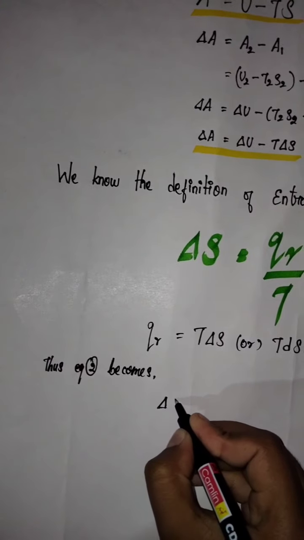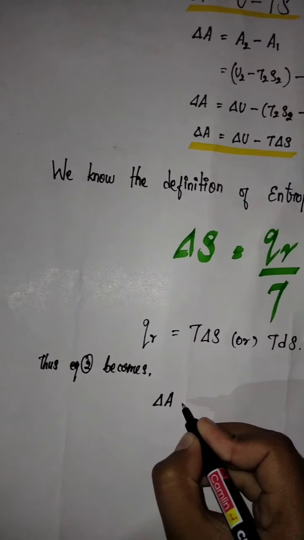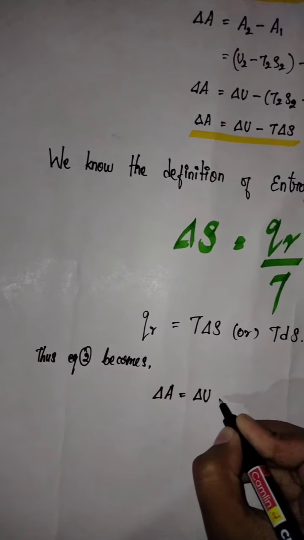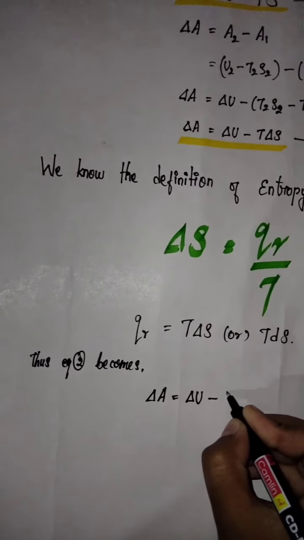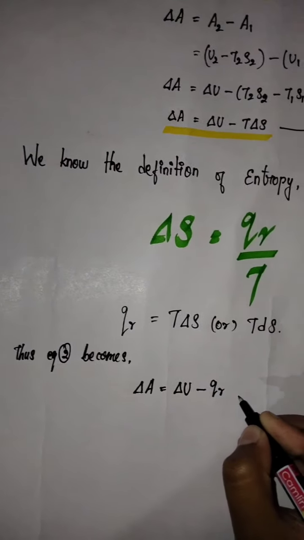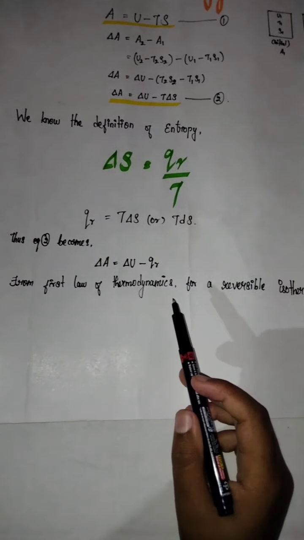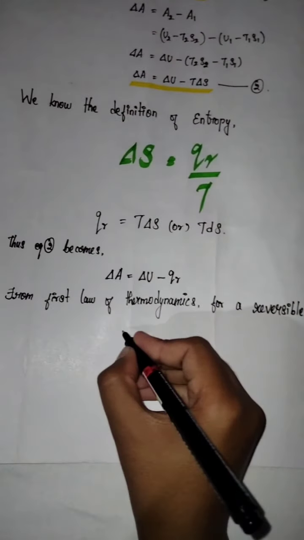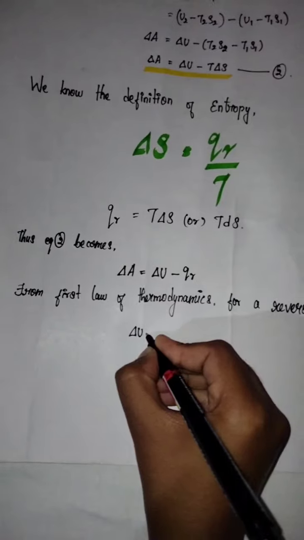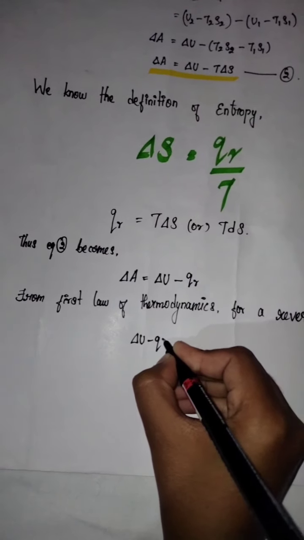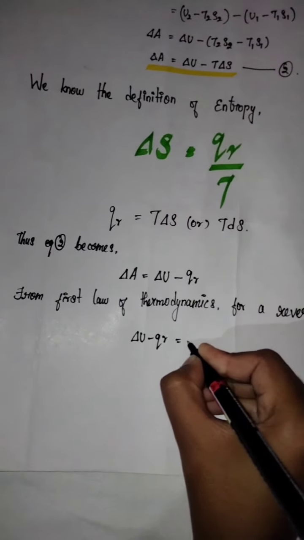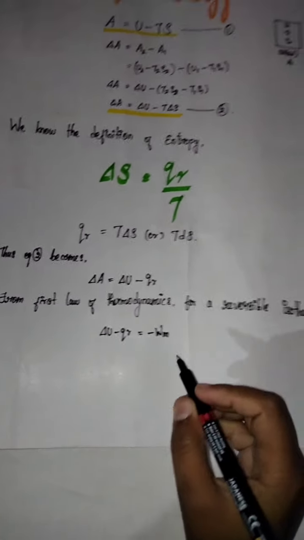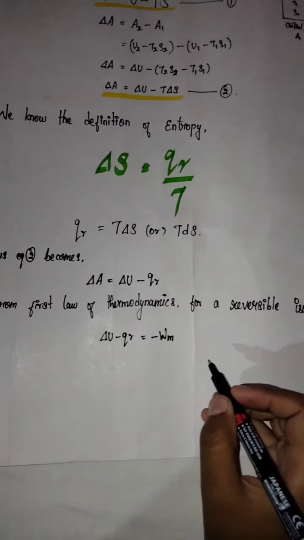While substituting this in equation 2, we get del A is equal to del U minus QR. From the first law of thermodynamics, for a reversible isothermal process, del U minus QR is equal to minus WM, where WM is the maximum work done by the system.